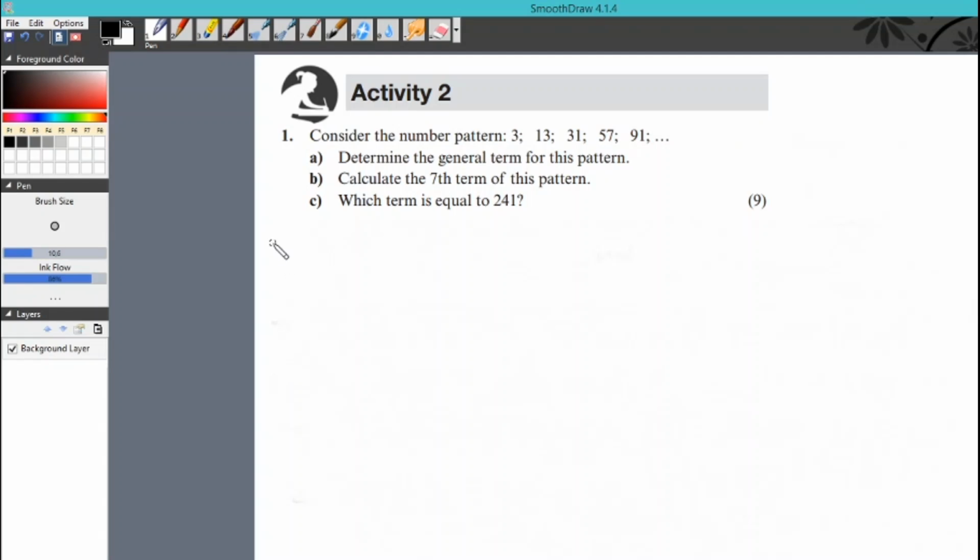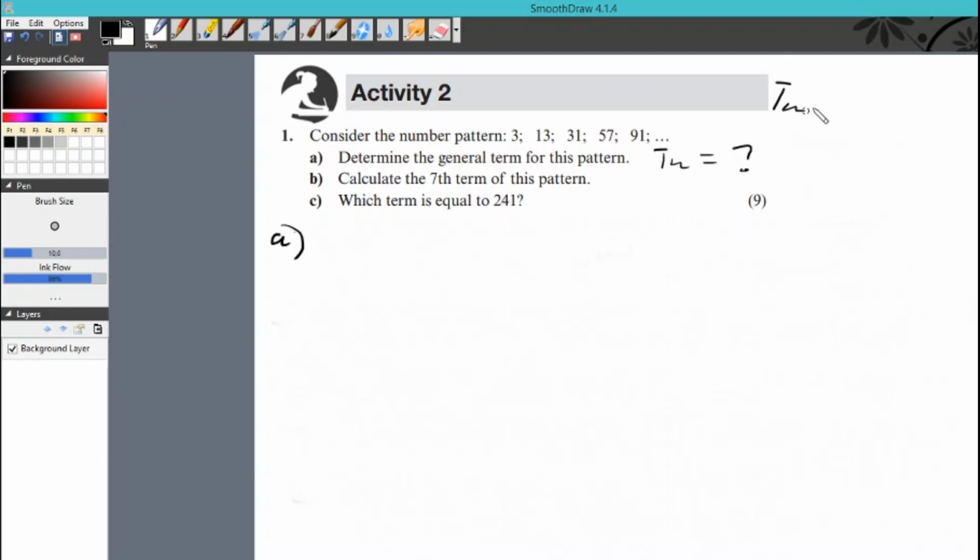So let's solve question A. Question A says, determine the general term of this pattern. So they want the formula for Tn in A. They want to know what Tn is equal to. So we have 3 formulas for Tn.